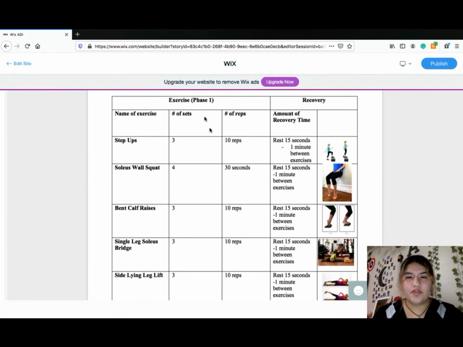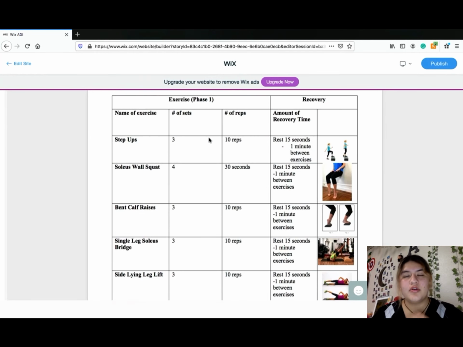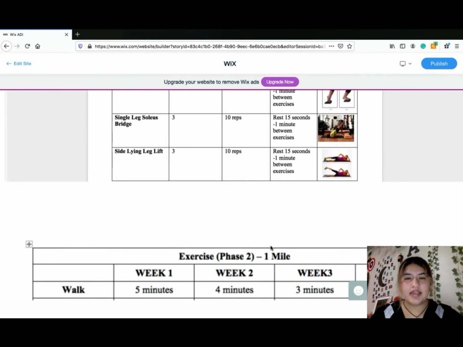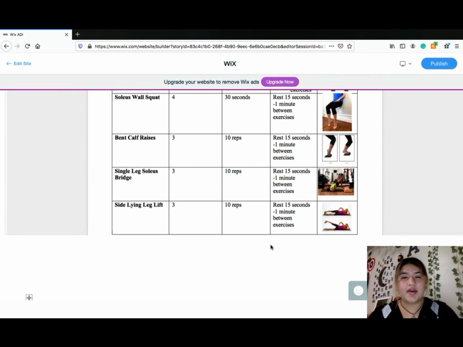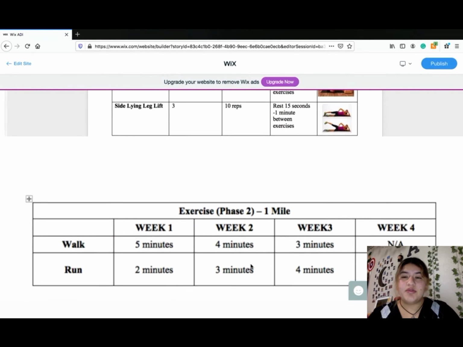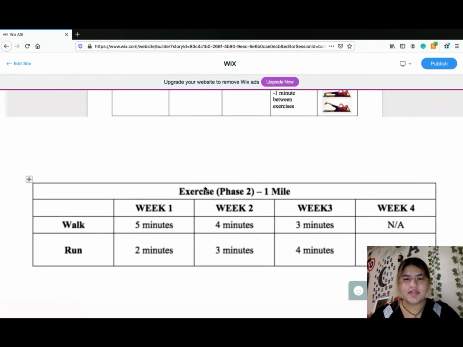I have the phase 1, and in the assessment plan I explain the exercise prescriptions where I talk about the different phases. So here's phase 1, then here's phase 2, and in my exercise prescription I talk about how this is phase 1, and then the phase 2 is phase 1 and phase 2 combined, exercise-wise or exercise activity-wise.